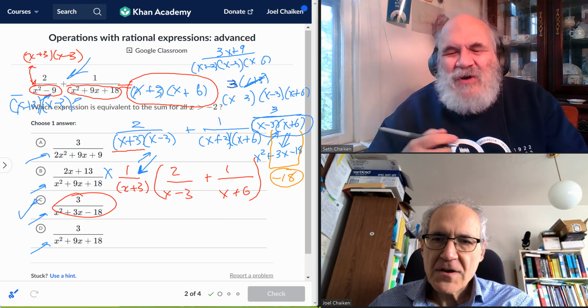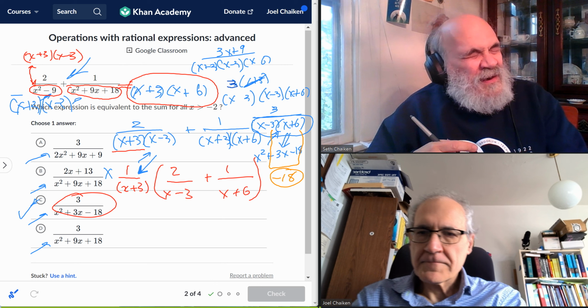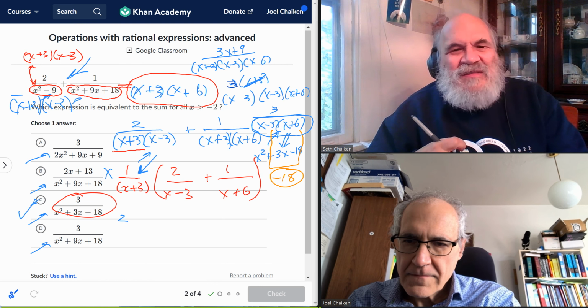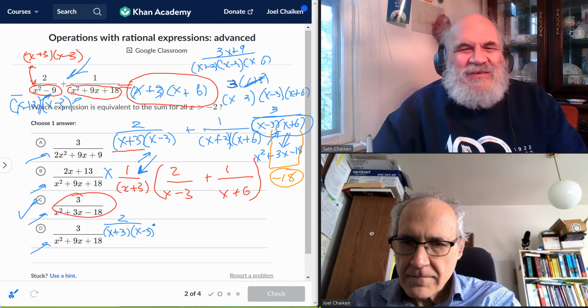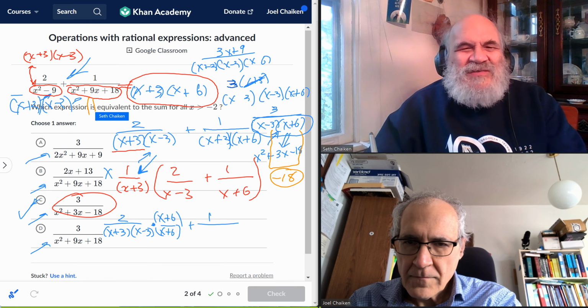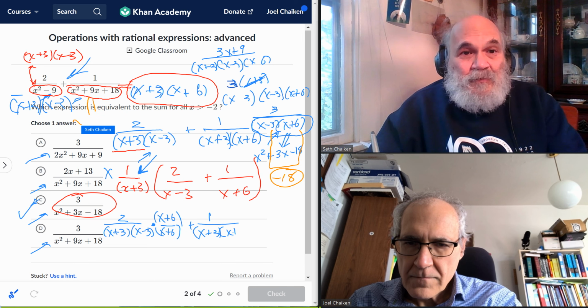So I think a necessary calculation to solve this problem, which is a pretty easy calculation with the numbers they gave, is to factor the second denominator.